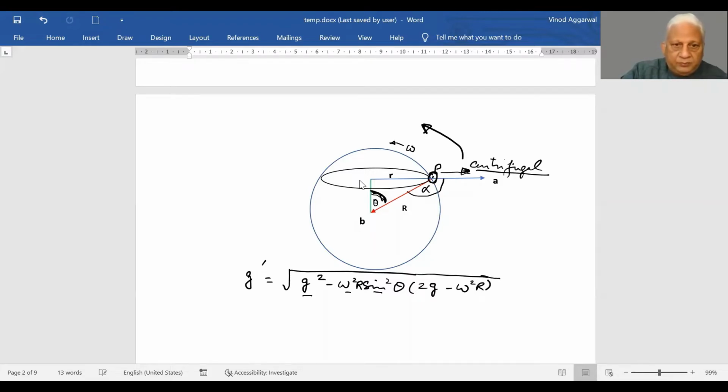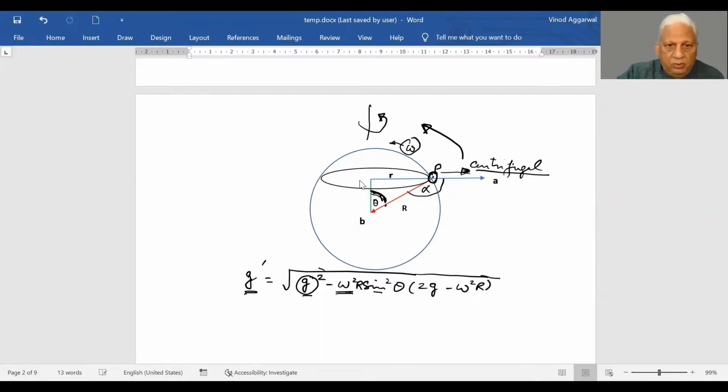This is the formula, wherein g is the standard g, which doesn't change with position on the Earth or rotation. Omega is the angular speed at which the Earth is rotating. If you see it like this, it will be rotating like this. Then theta is this angle.